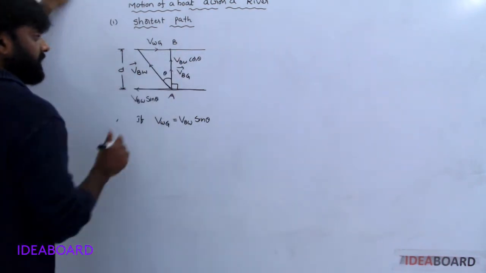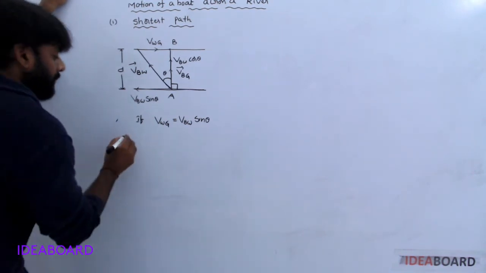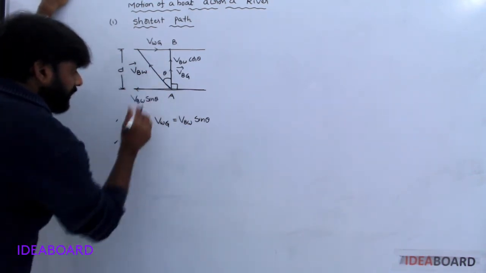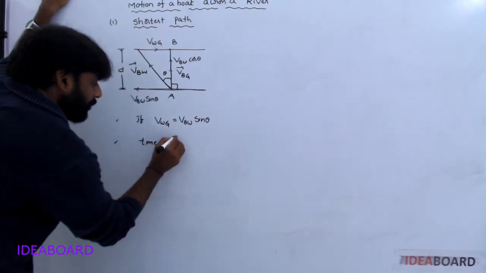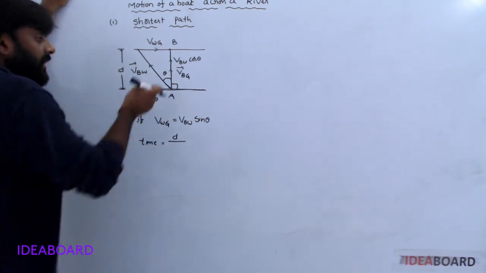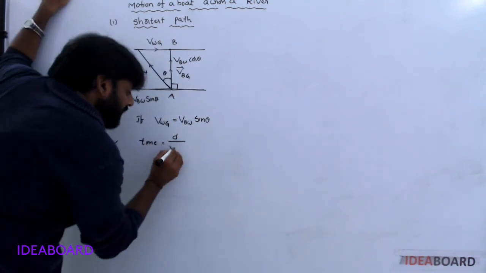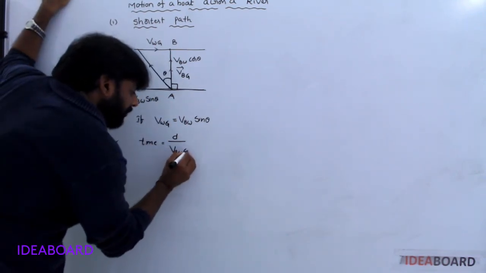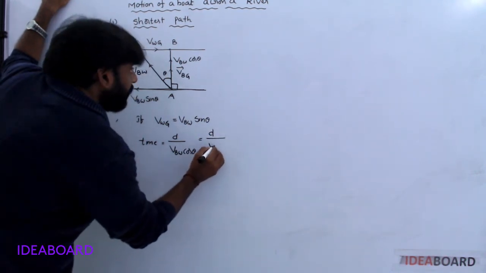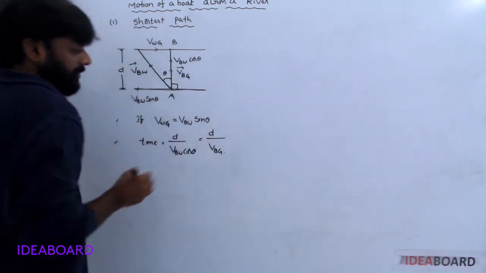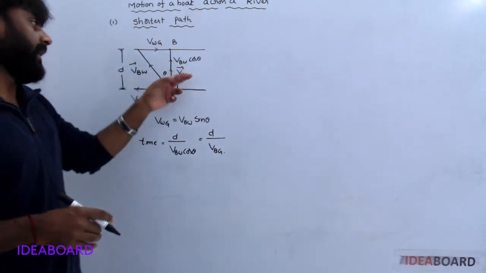Next, see, time. In this case, time is equal to distance by the velocity along this direction, which is V_BW cos theta, or V_BG, both are the same.